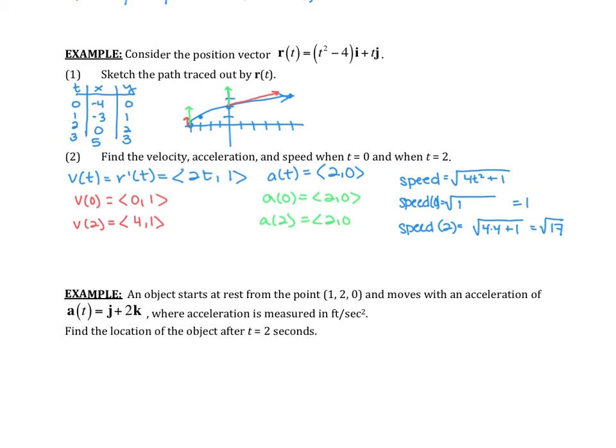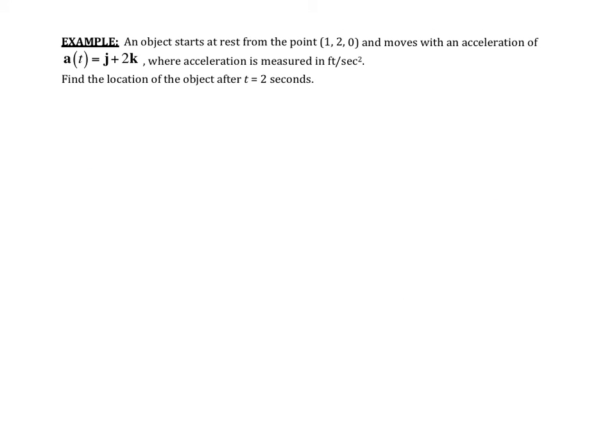All right, let's look at another example. Okay, so this last one says an object starts at rest from the point (1, 2, 0). Let's interpret that. If an object starts at rest, it means the velocity at 0 is (0, 0, 0).